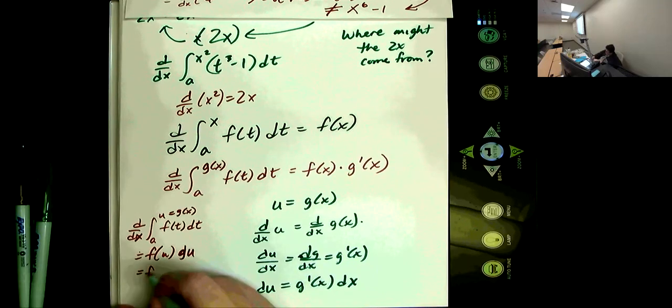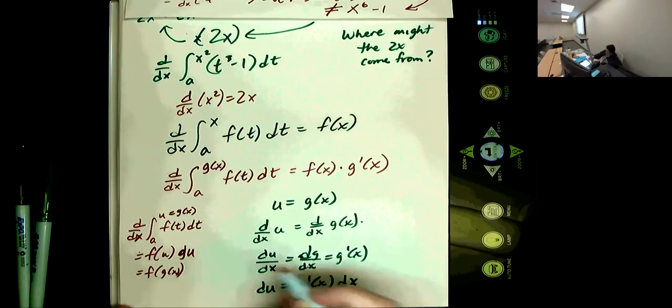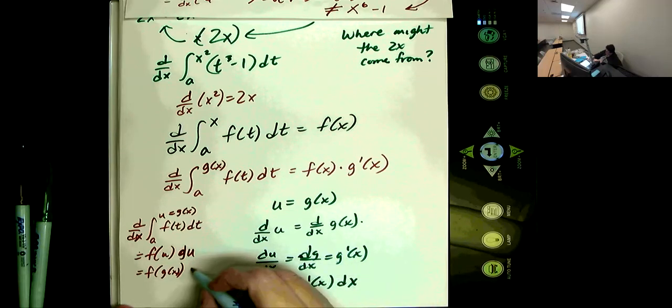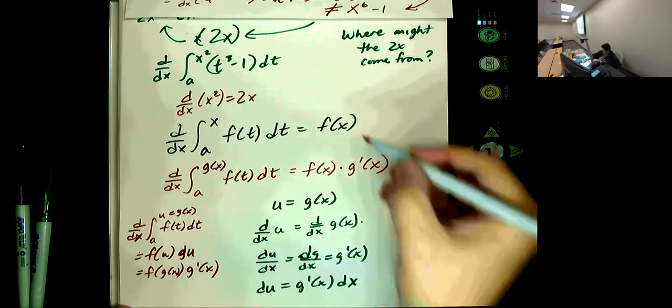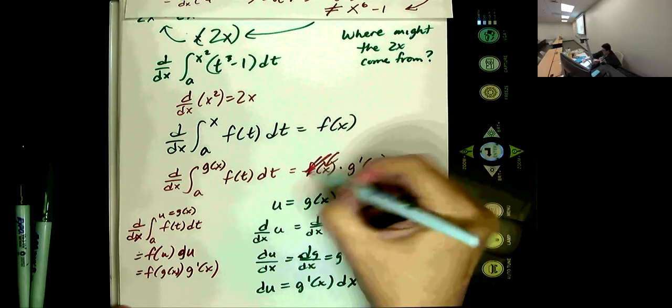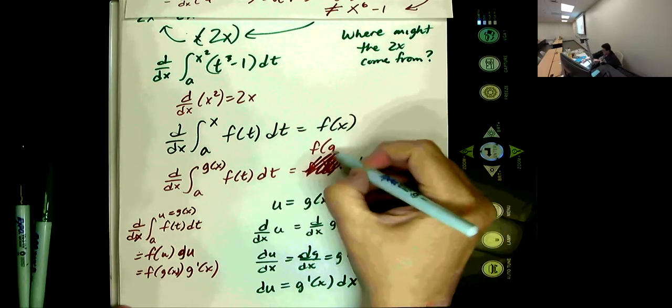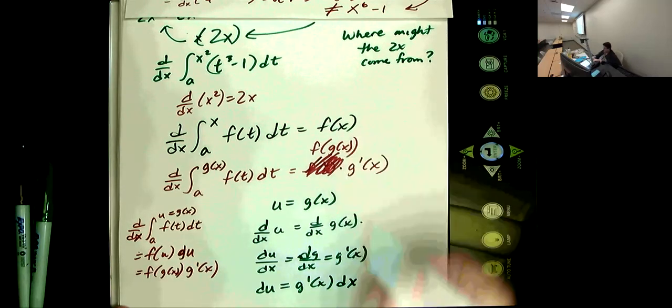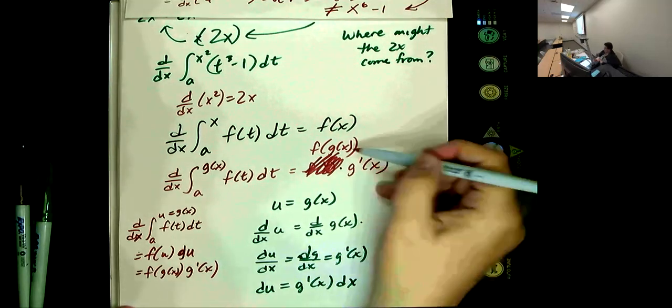And this is f of g of x times g prime of x. And that's what would be here. I wrote f of x, that's wrong. That's f of g of x. Whatever was there, we plug in, like the x squared got plugged in.